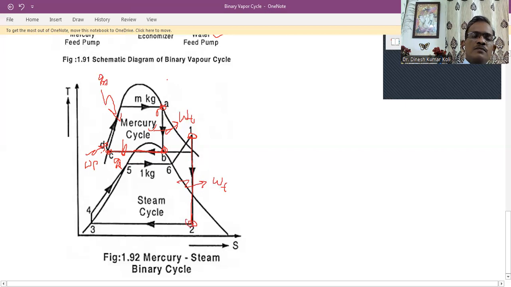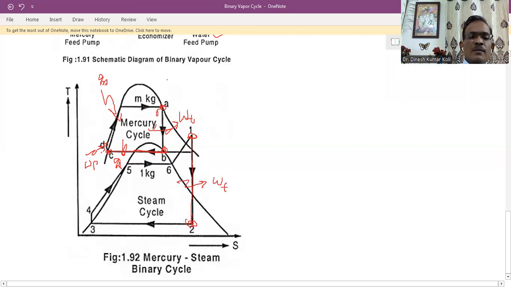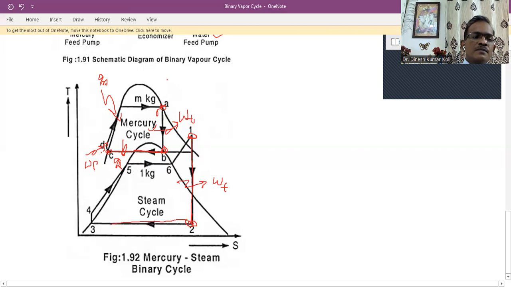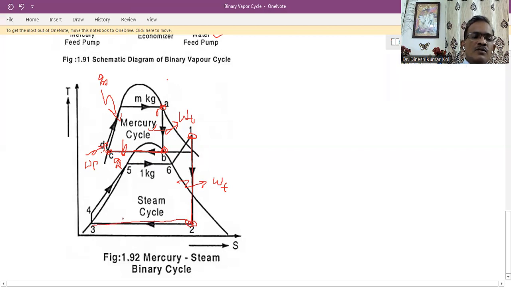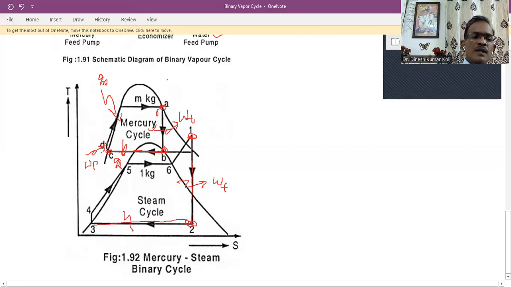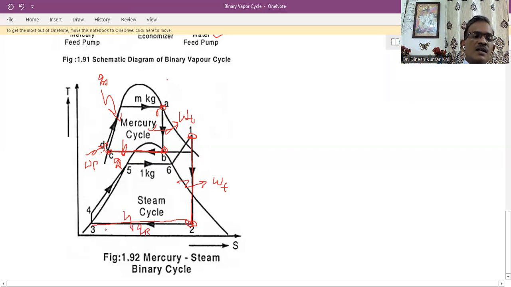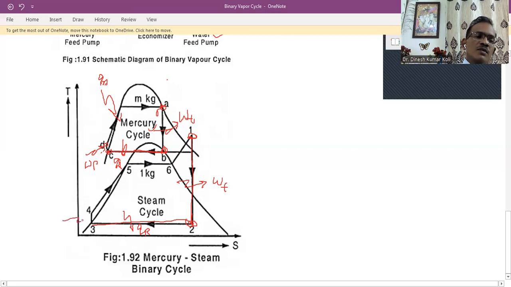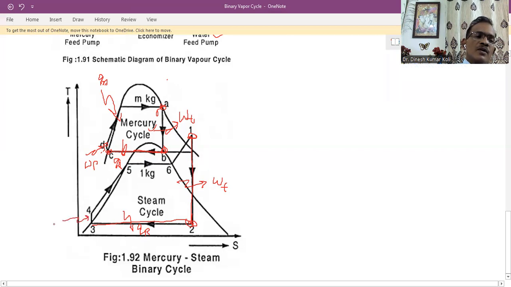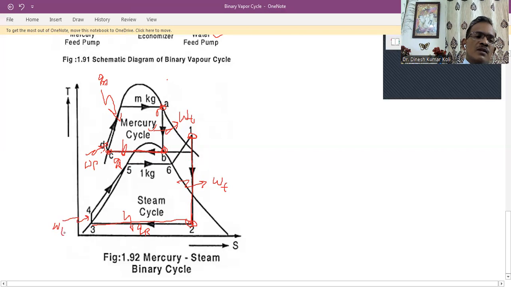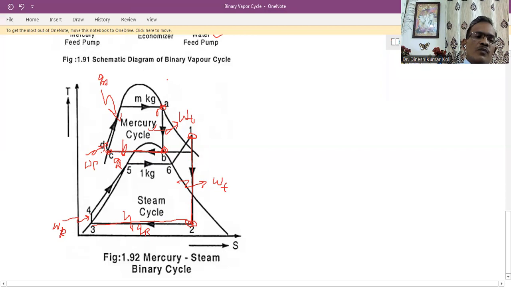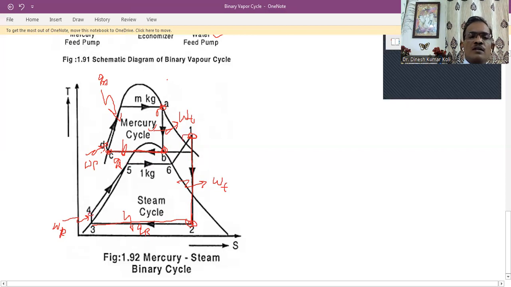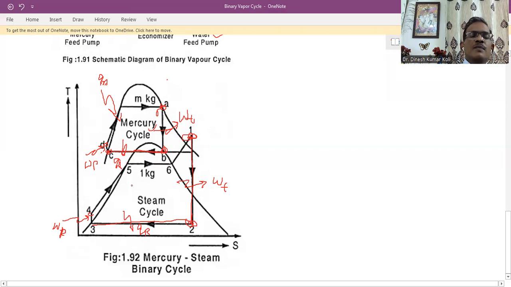At point 2, the steam enters the condenser where it rejects its heat, up to point 3, in the steam condenser. And 3 to 4 is the steam cycle pump work, WP. From 4 to point 5 and up to point 1 is the heat addition for the steam cycle.